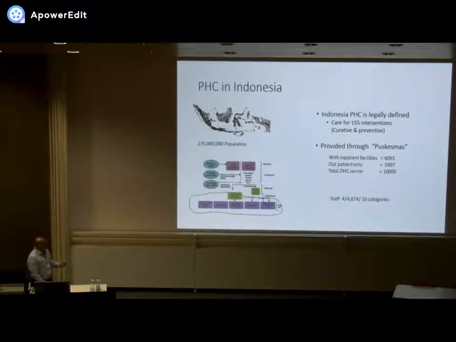Now, a little bit about Indonesia. As you know, Indonesia is a very large collection of islands with a very big population, the fourth largest, 270 million. In Indonesia, primary healthcare is legally defined, because there is a decree by the Ministry of Health identifying 155 clinical conditions delivered through primary healthcare centers, called Puskesmas.